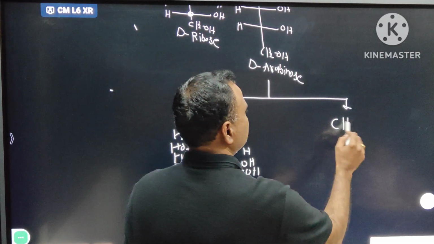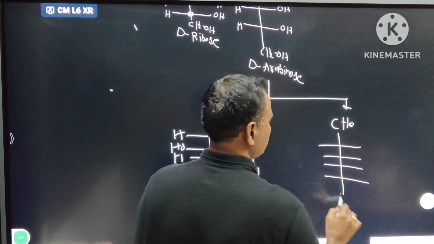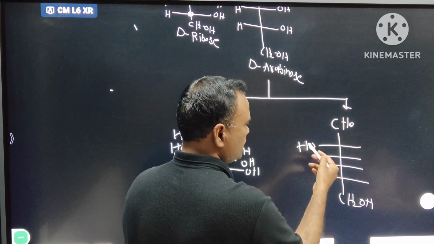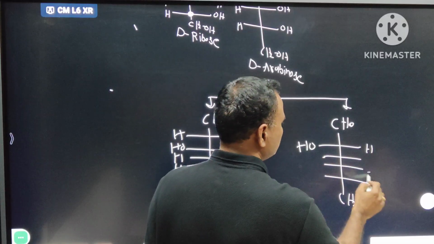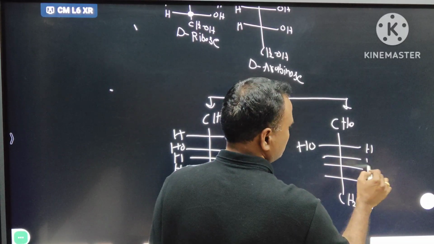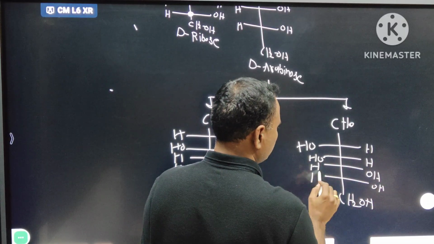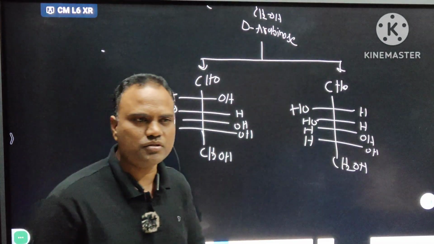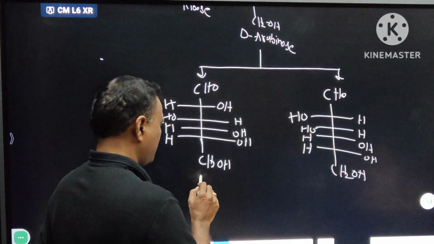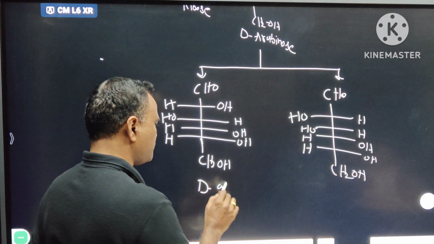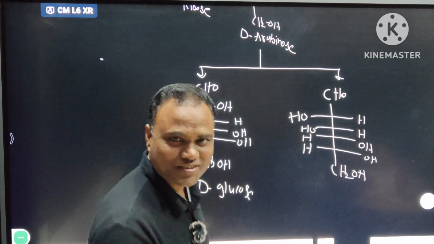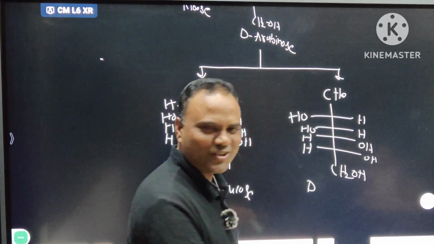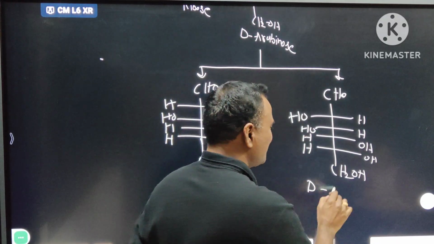Next. Right, so OH on the left. Another combination, a very important combination. Yes, D-glucose and these are aldoses only, not ketoses.